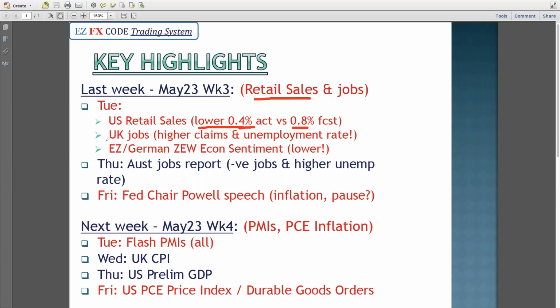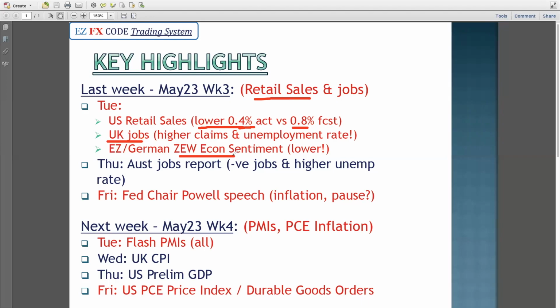And then on the UK job side, there was concern with higher than expected claims and also a higher rate. So that did not augur well for the UK economy. The Eurozone and German ZEW figures were also lower.